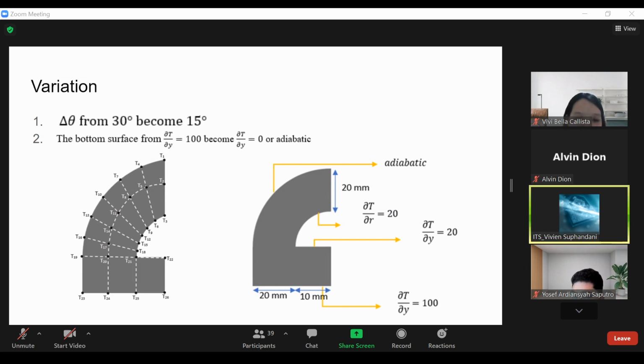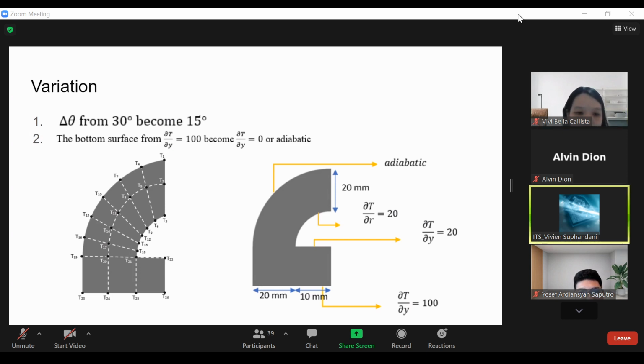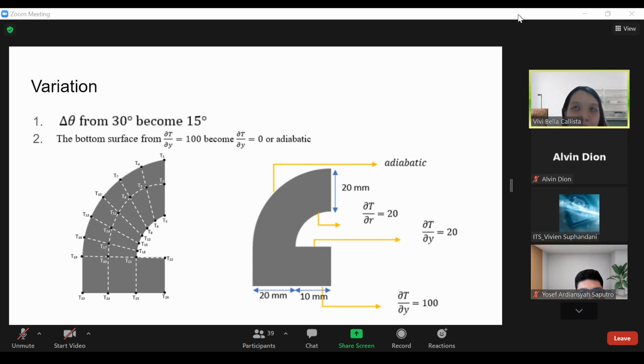So you are using both rectangular and cylindrical coordinates. Yes, ma'am. Okay, so do you use the same treatment for the interface? We use the polar one for the cylindrical and the Cartesian one for the rectangular.